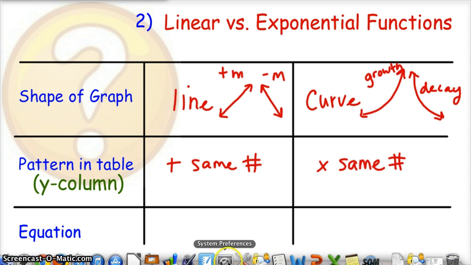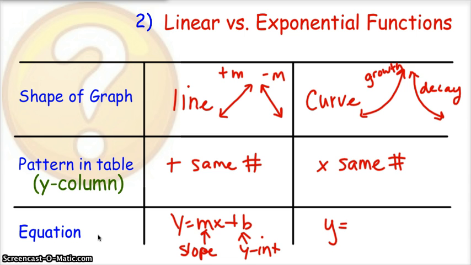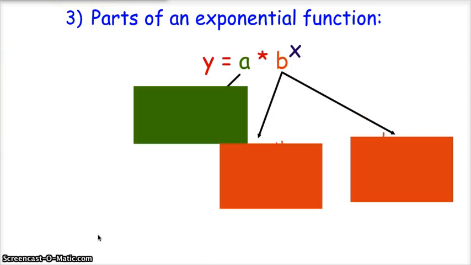Our equations for linear functions look like y equals mx plus b, where the m shows the slope and the b shows the y-intercept. In the exponential functions, the equation looks like y equals a number times another number to the x power. Let's break down those parts of an exponential function.